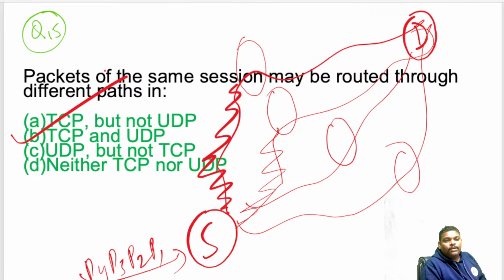No, connection oriented means reliable, and the sequence number is also there, so out of order packets will not come. Secure, you don't lose anything, so reliable. This is a very important one. If I don't say this, you may think that in TCP all packets will go the same way. If all go on the same path, it is the worst idea.